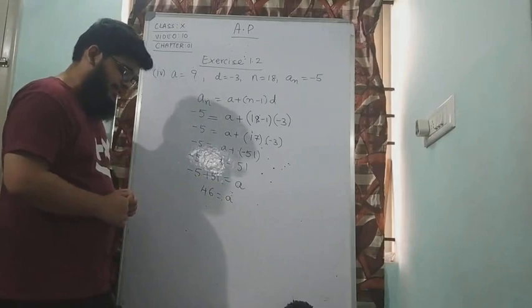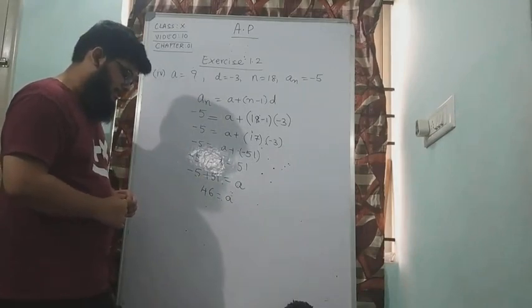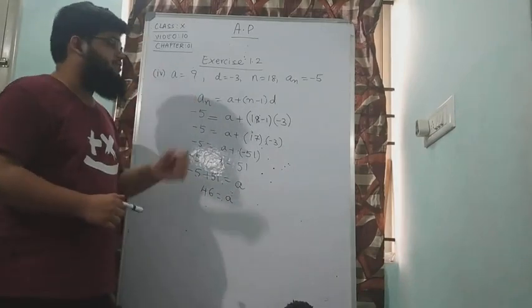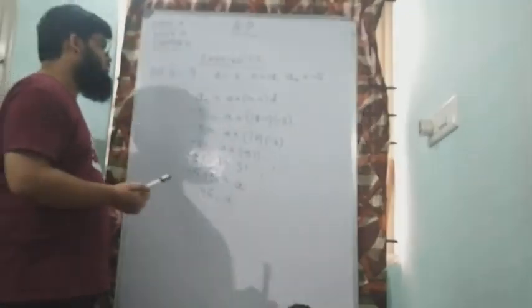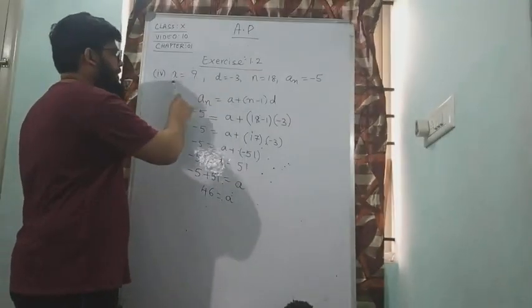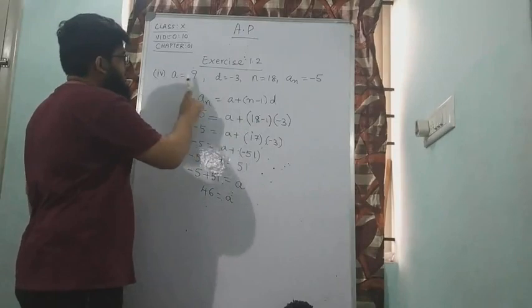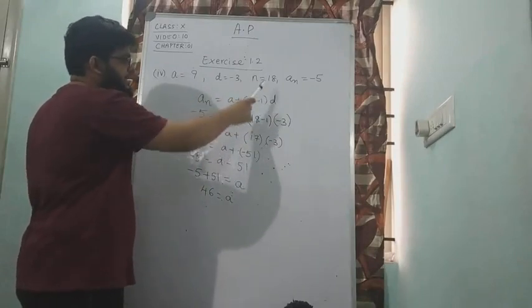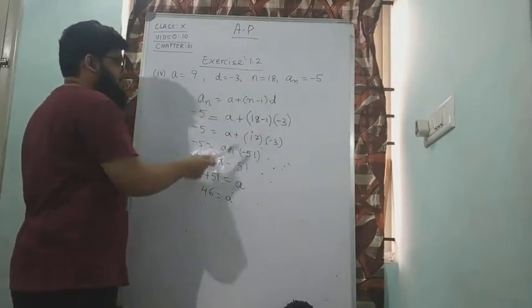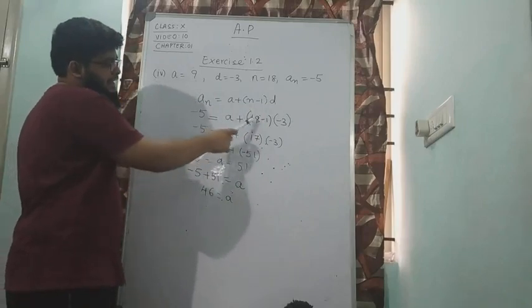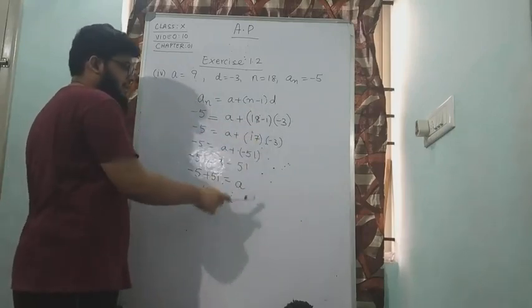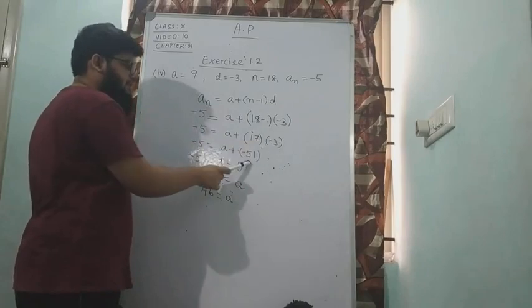I would like to check the textbook once. Please verify if the given question is correct in the textbook. Otherwise also you can go with the same values. The value of an is minus 5, a is missing, n is 18 minus 1, d is minus 3, so minus 5 equals a plus 18 minus 1 is 17 into minus 3, 17 into 3 is 51.